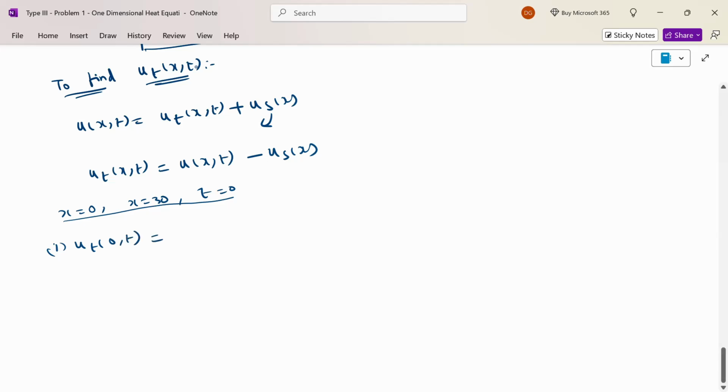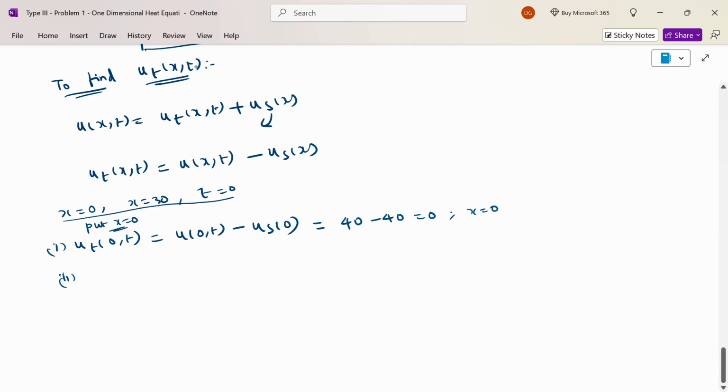So first put x equal to 0, u of 0 comma t minus u_s of 0. Now u of 0 comma t is nothing but the value 40, minus 40, then 0. This is x equal to 0.